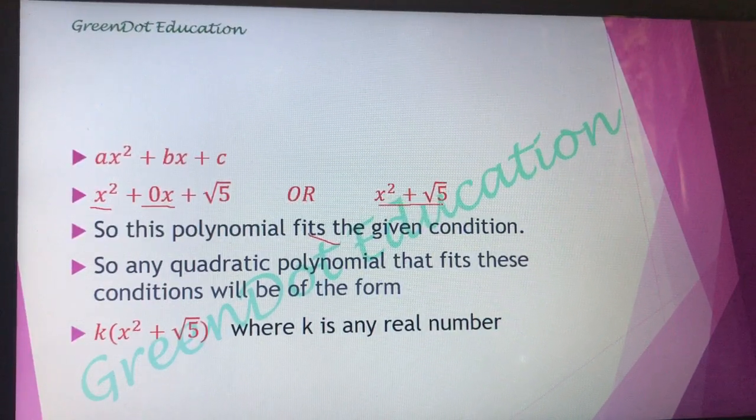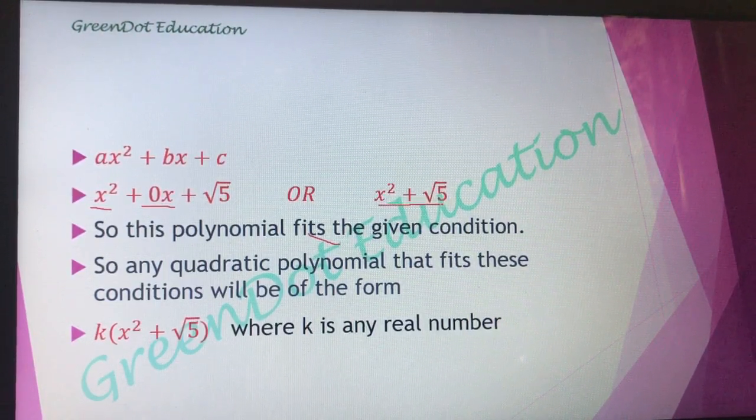You can try out some examples which I will send you, and also your exercise 2.2 second question contains such type of polynomials. So solve them as homework, and with this we come to an end of that topic.